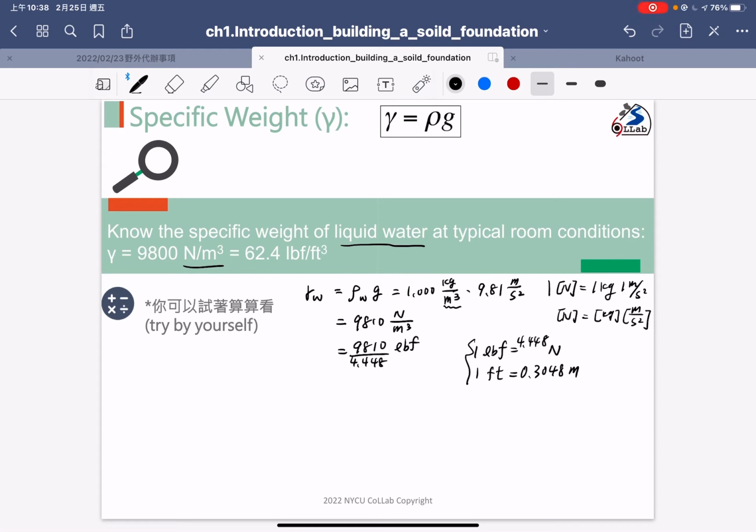And the unit will be converted to the cubic ft unit. Okay, so you can use your computer to compute the values. So 9810 divided by 4.448 and multiplied by 0.3048 cubed, okay?